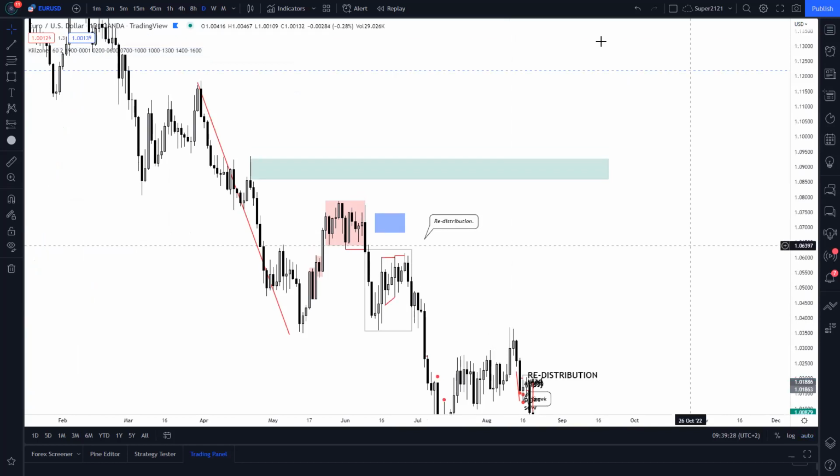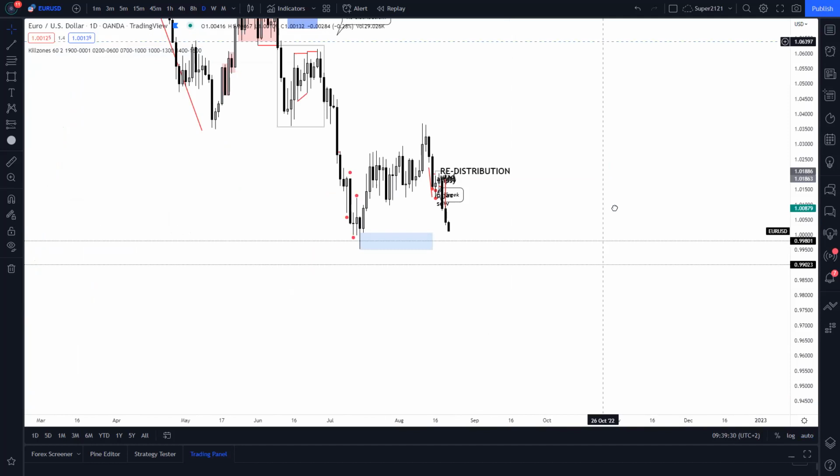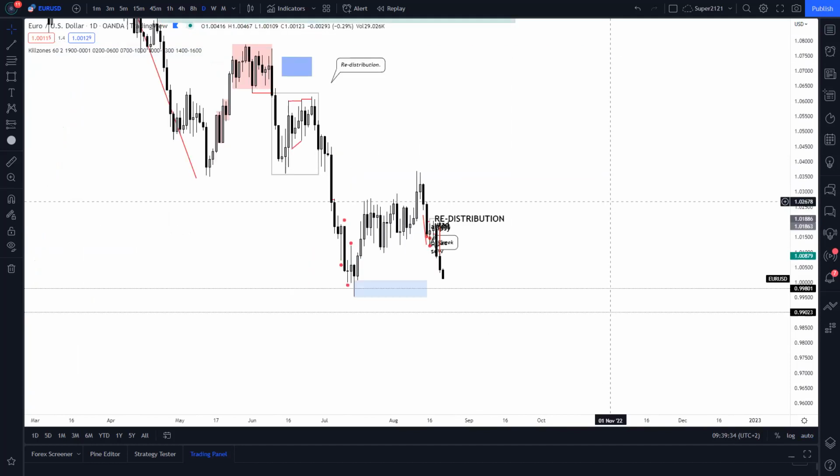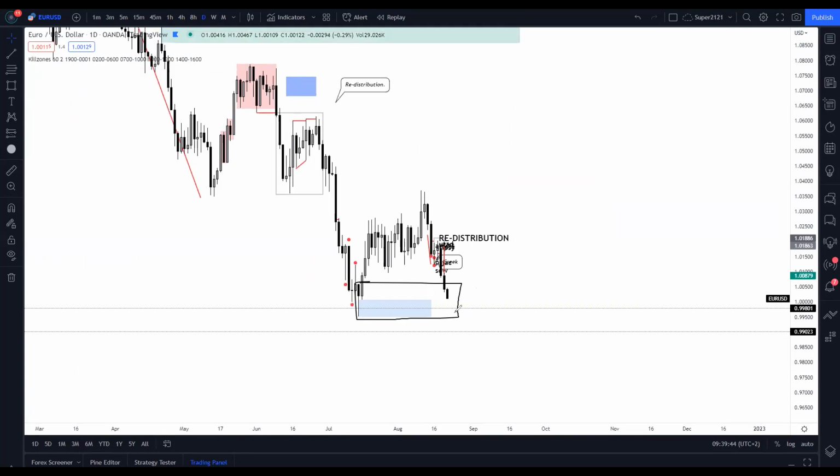Yeah. So Euro USD is also more similar to the DXY. We're also waiting for almost a similar thing. So all this zone is where we're going to look for any potential buy.